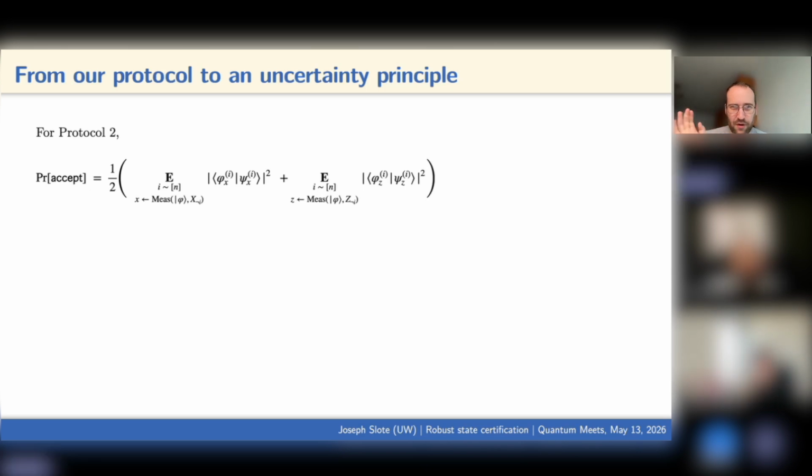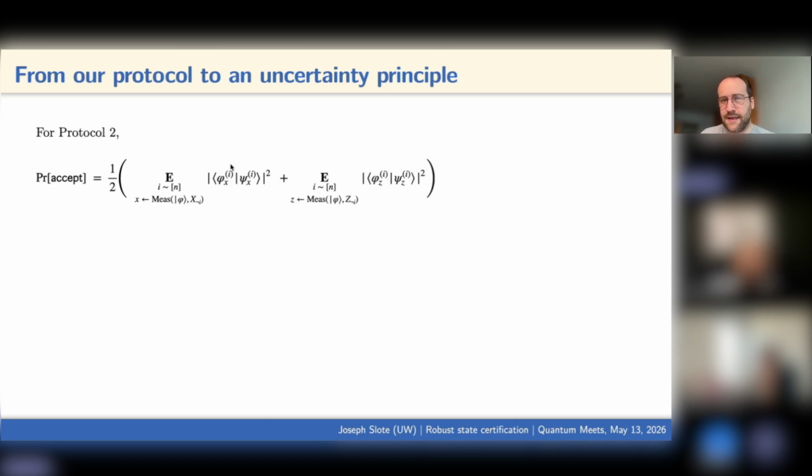So for the second protocol, the slightly non-adaptive one where we are doing this optimal measurement at the end, I can write down the probability of acceptance as follows. The 1/2 is saying either do this stuff in the X or in the Z, and it's kind of the natural thing. I've passed to pure states, so now we're in the special case where phi here we can imagine as our lab state.